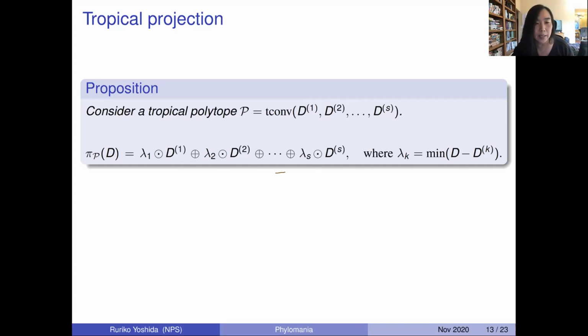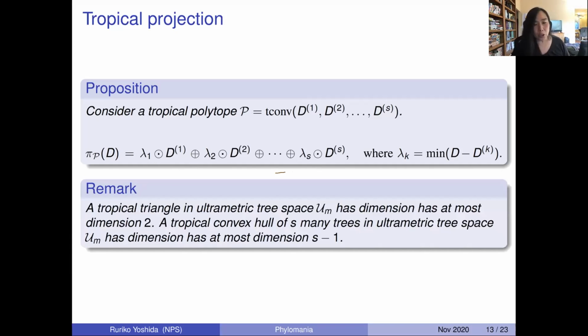So this is nice. Another nice thing is that this is actually a problem we had when I was working with Tom and Grady on PCA with the BHV metric.